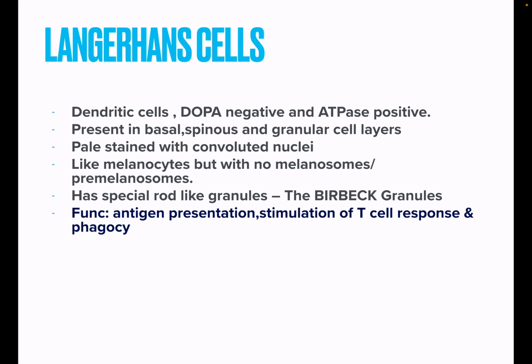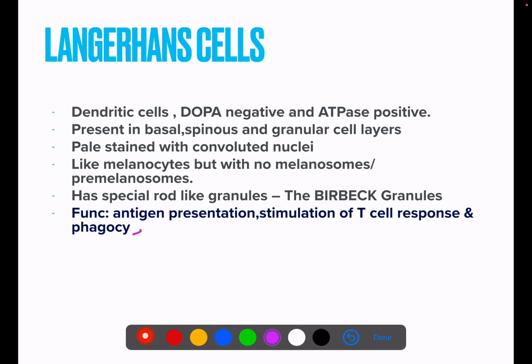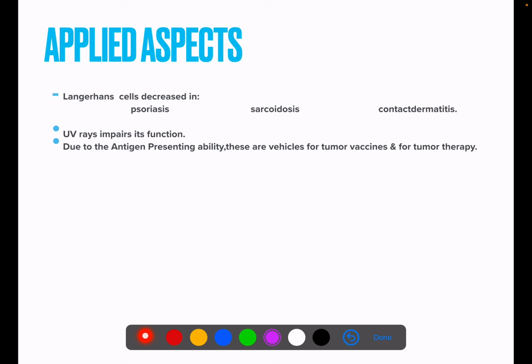Function: antigen-presenting cells, stimulation of T cells, responsible for phagocytosis. Like melanocytes but with no melanosomes. Has special rod-like granules, the Birbeck granules, just tennis racket-shaped granules like this. These are all reading since your MBBS days, not required to revise.